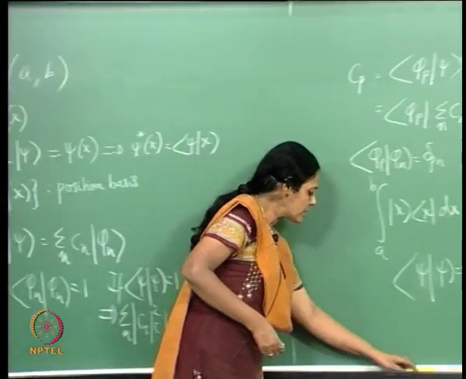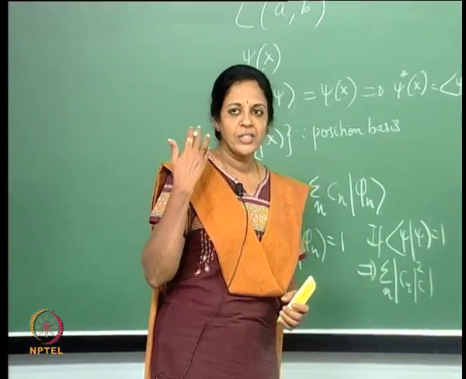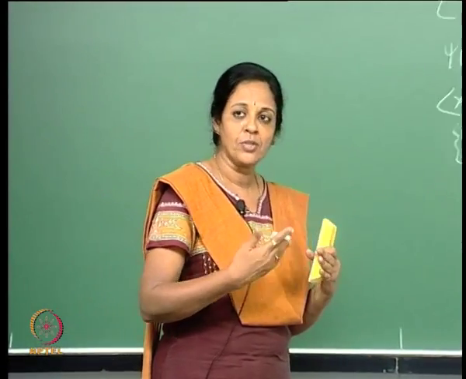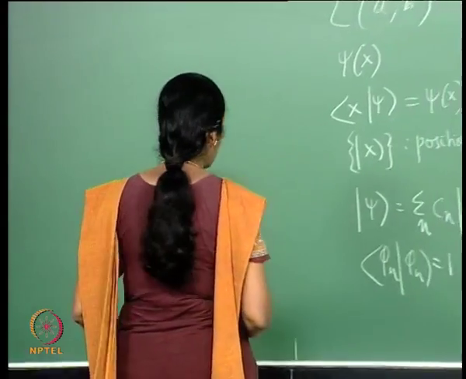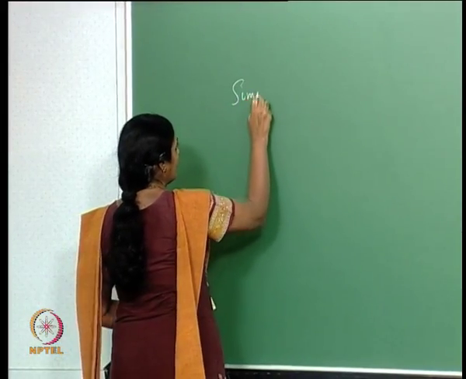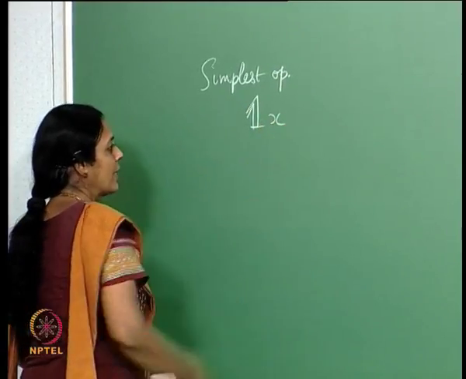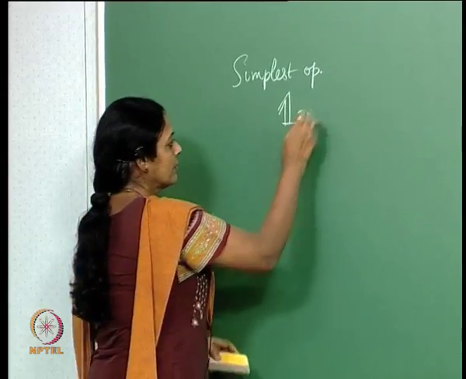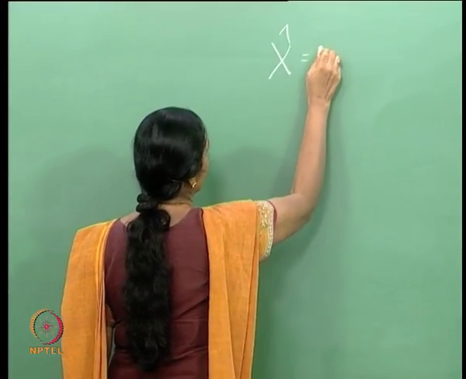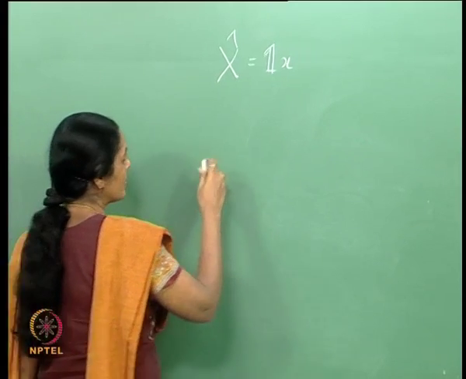Now operators themselves have to be written in this basis, even as we did earlier for the 2-level atom, where we had basis states and the operators were formed out of those basis states. Here too operators have to be written in this basis, and therefore the simplest operator that one can think of is the identity operator times x. So let's see how this operator x acts on the position basis.